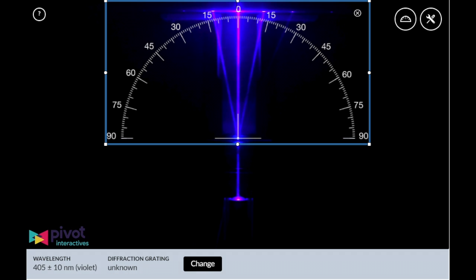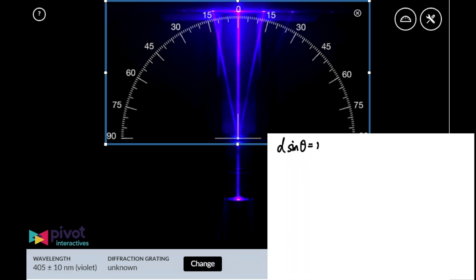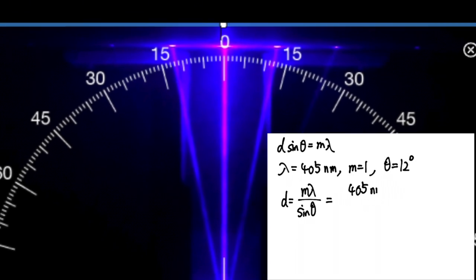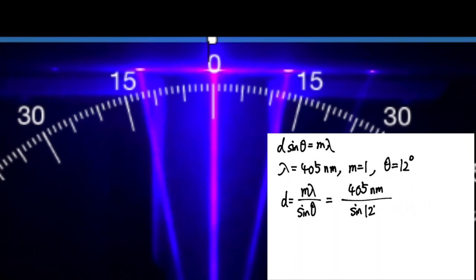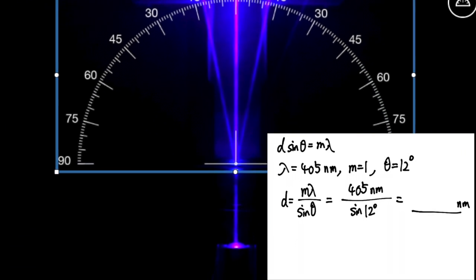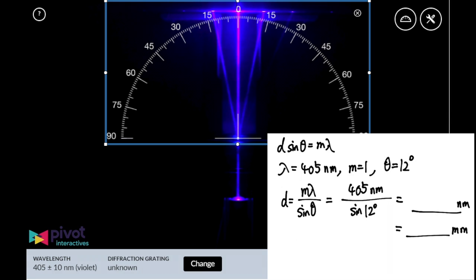You're going to use the equation d sine theta equals m lambda, where lambda is the wavelength of the incident light, 405 nanometers. We're still using the first order maximum, m equals 1. Theta is the angle for the first order maximum, and you're going to plug in the numbers to figure out d, the line spacing, and convert d to n by reversing it.